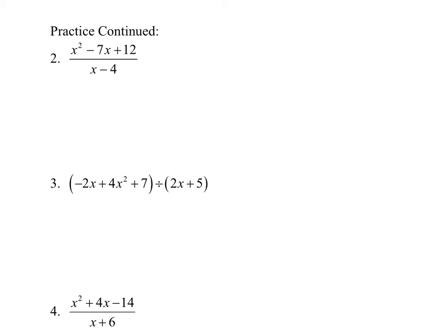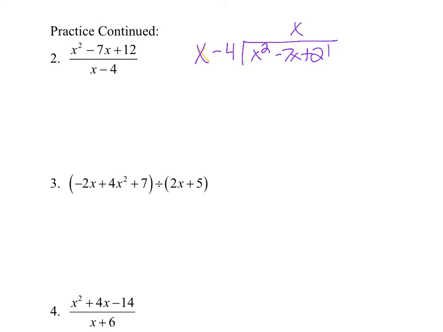All right. So now we're going to do a darker color. X minus 4, x squared minus 7x plus 21.